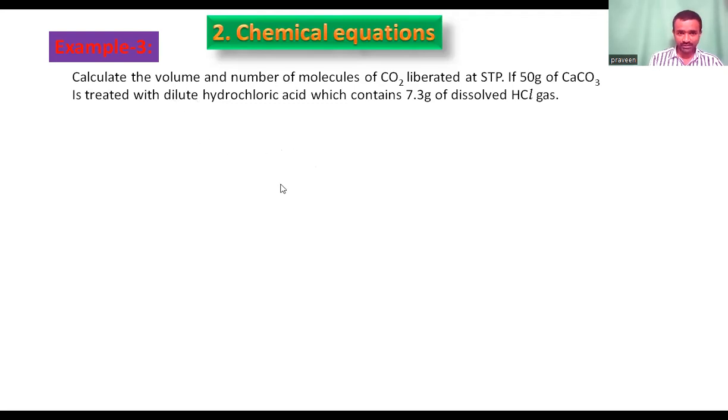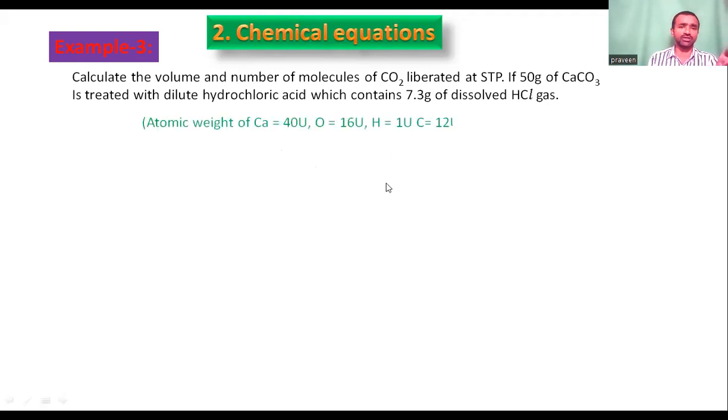In example 3, we are asked to calculate the volume and number of molecules of carbon dioxide liberated at STP if 50 grams of calcium carbonate is treated with dilute hydrochloric acid, which contains 7.3 grams of dissolved HCl. First of all, you have to write down the equation.